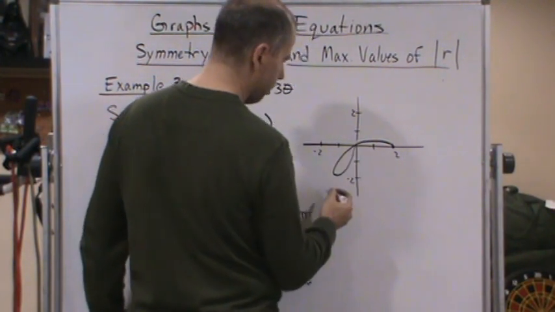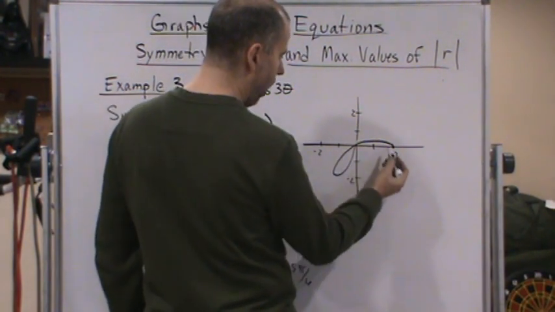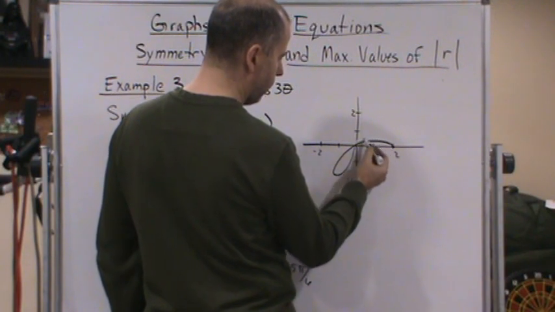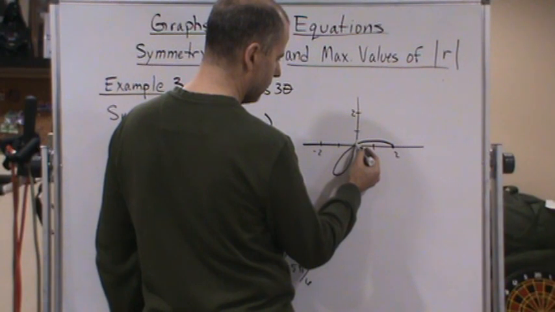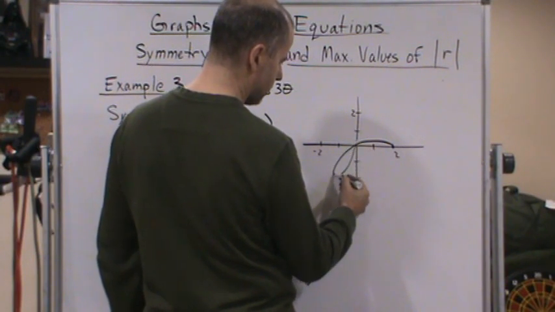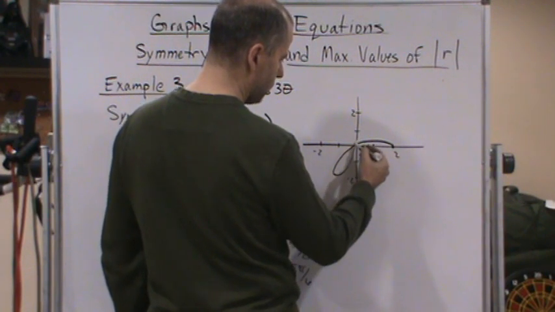It goes like that. So from 0 to pi over 6, to pi over 3, and then to pi over 2, we did this.